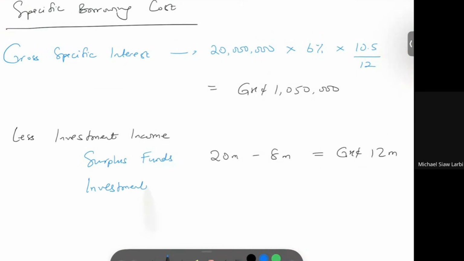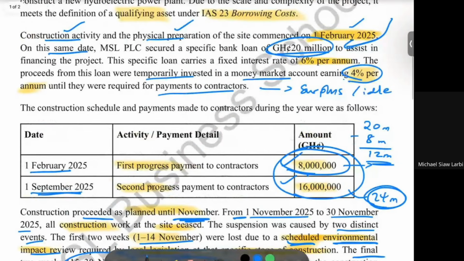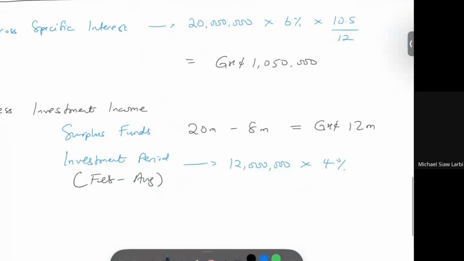So we would say our investment period is going to be February to August. So we are going to invest an amount of 12 million at a rate of 4%. Where am I getting the 4%? The 4% is the idle funds rate. All right. And then I'll multiply this by the prorated 7/12.